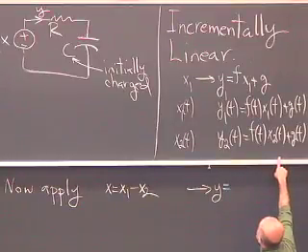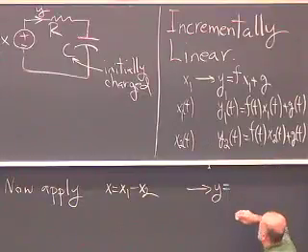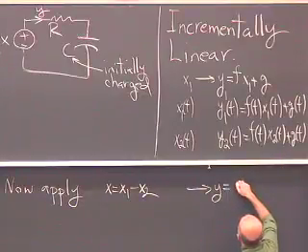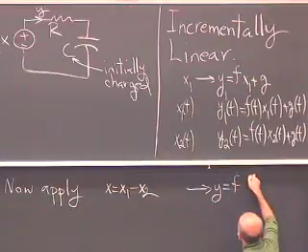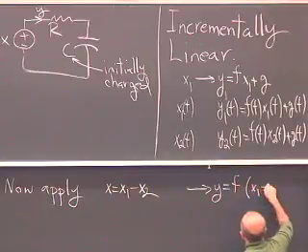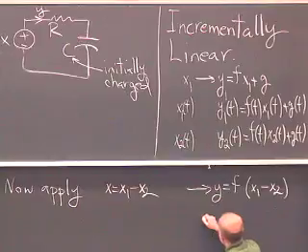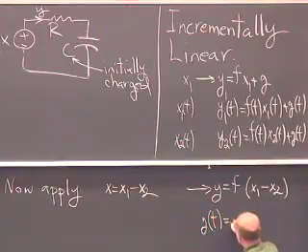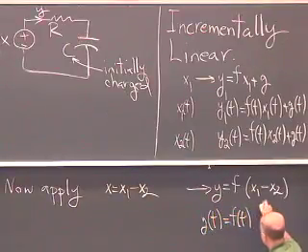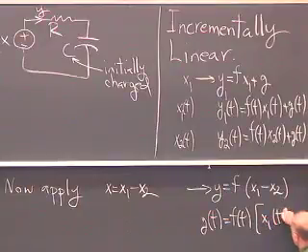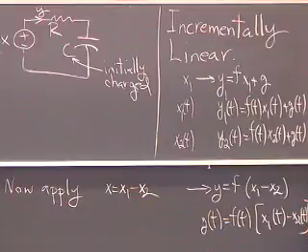You cancel out the what? G. Uh-huh. x1 minus x2. In other words, y of t is f of t times x1 of t minus x2 of t.